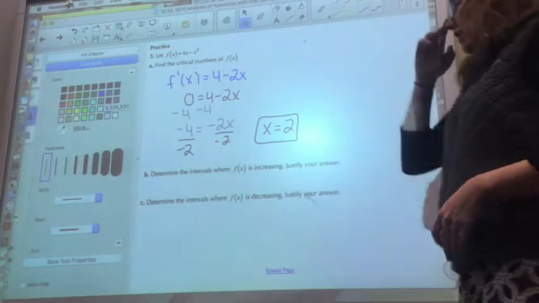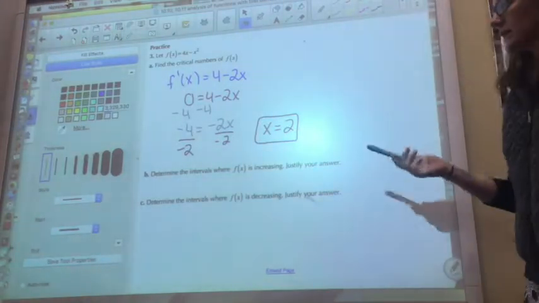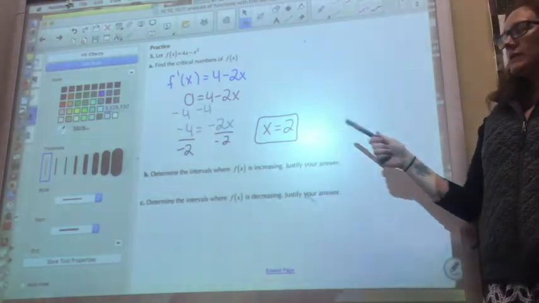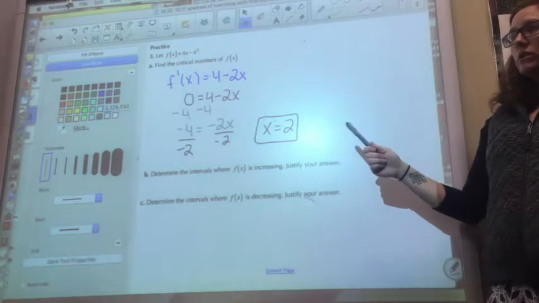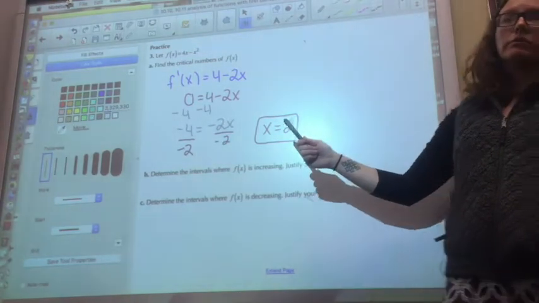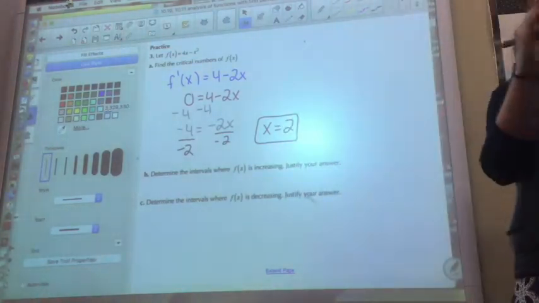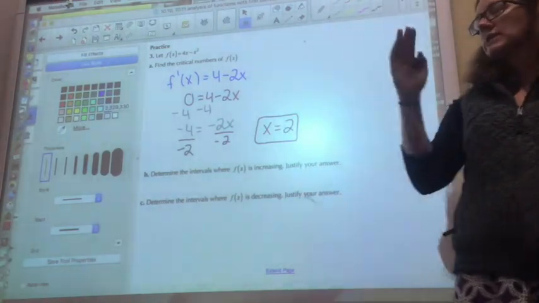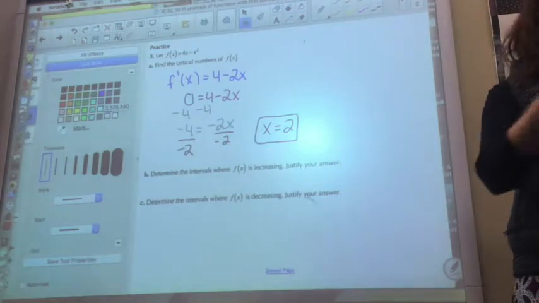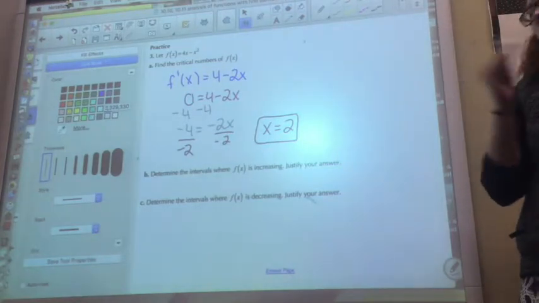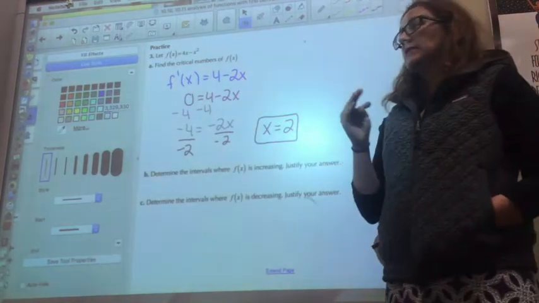No? Okay, so let's pause and think. We know that our derivative is 0 at 2, which means that we don't actually know it changes there, but that's a possible point for where our derivative will change from positive to negative or negative to positive, right? To switch signs, you have to go through 0 or does not exist first.